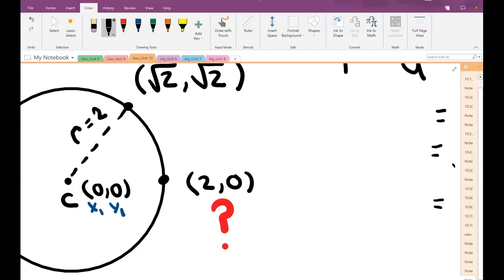So now what we're going to try to figure out is this distance between these points, does it equal 2 as well? And to do that, we do the distance formula again, but instead we're finding the distance between (2, 0) and (x1, y1).